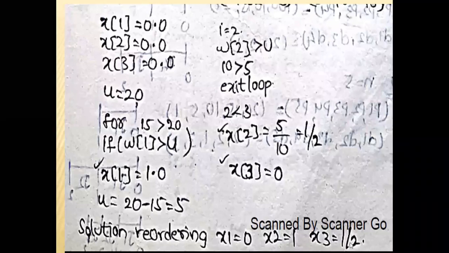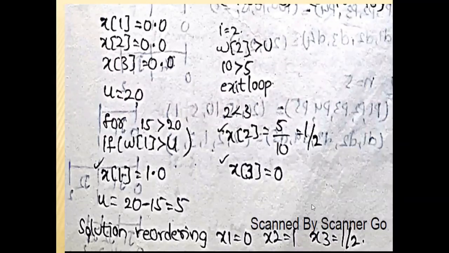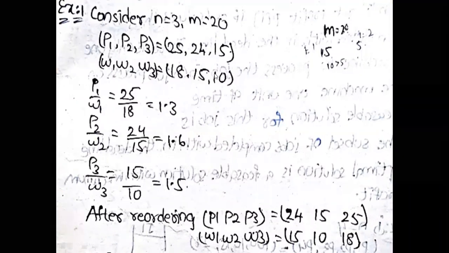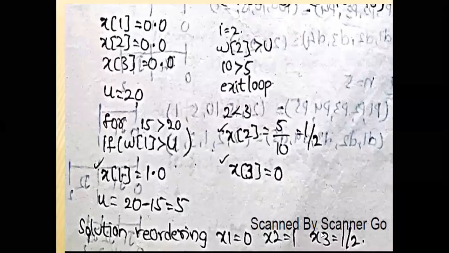Similarly, x3 equal to 1 by 2 means, in the original problem, the object with weight 15 is in the third place. So here x3 equal to 1 by 2, x1 equal to 0.